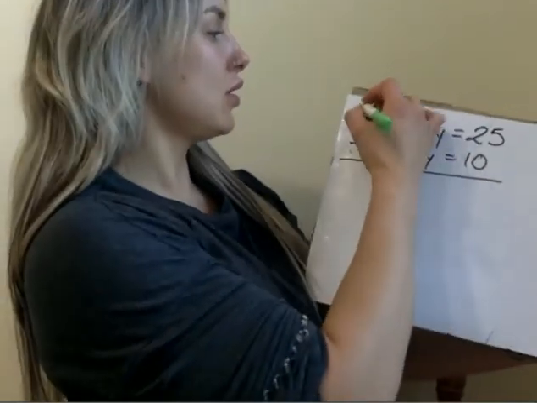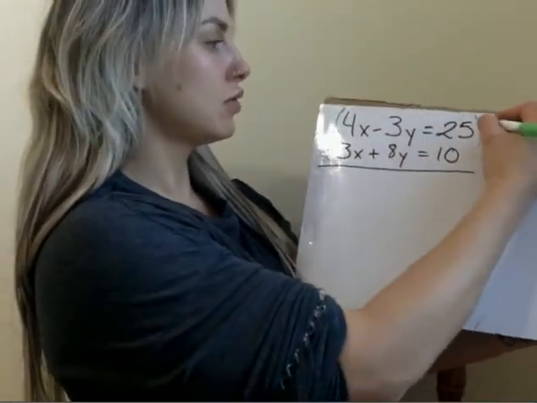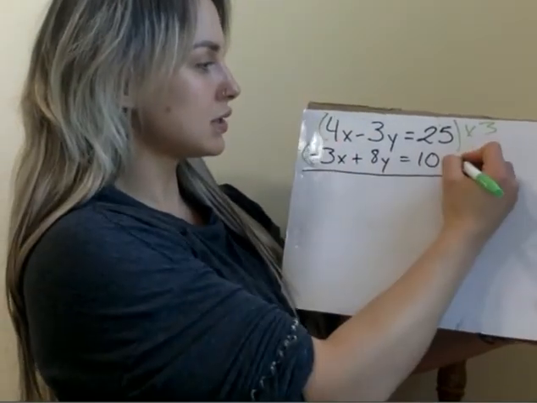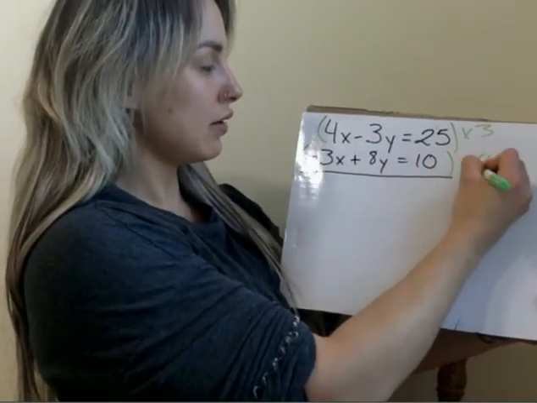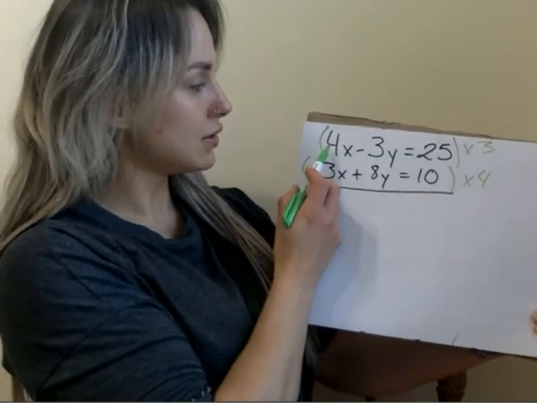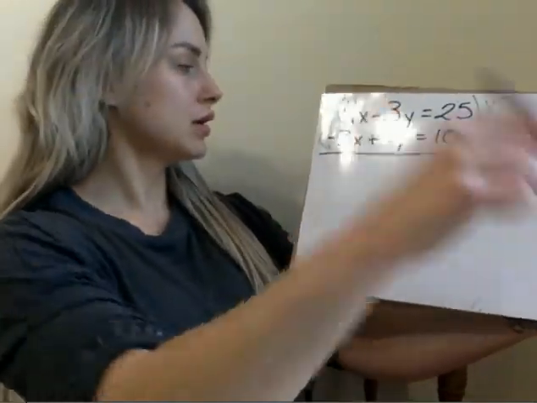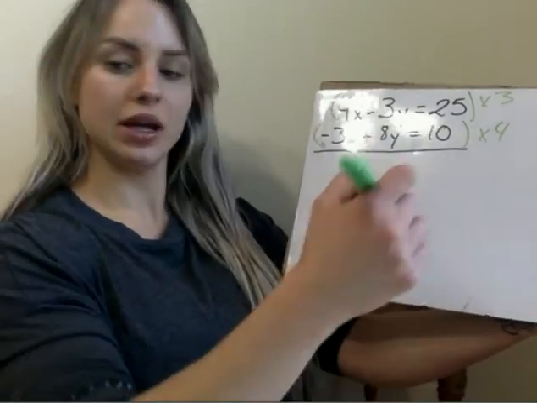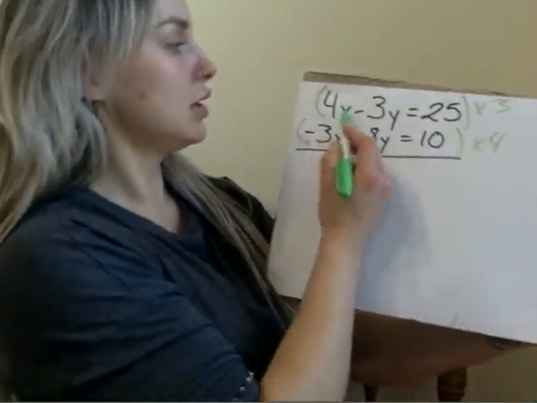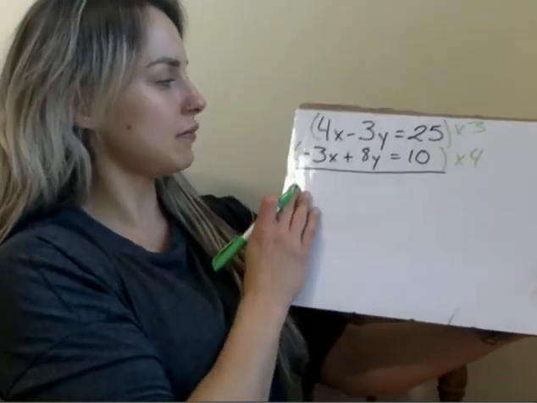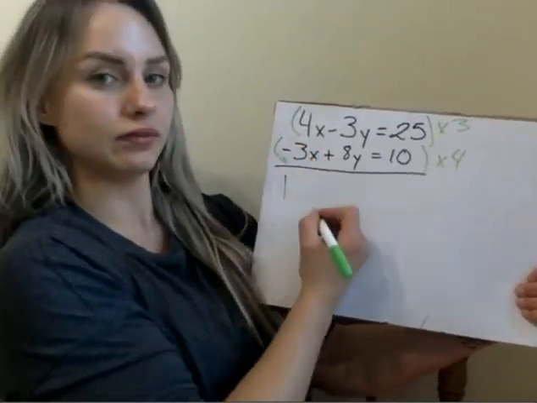Because if we multiply by 3 and by 4, this allows us to get these two as the same number. So, actually I am going to continue to use that here. 4x times 3 is 12, right?